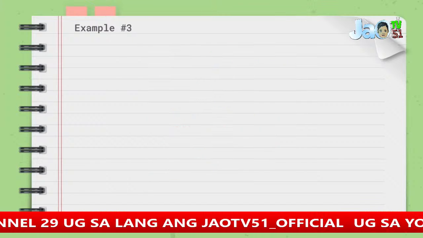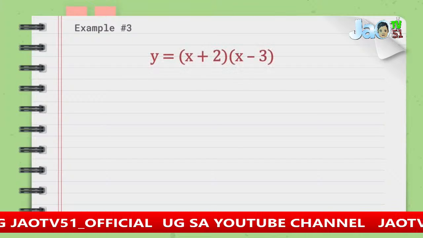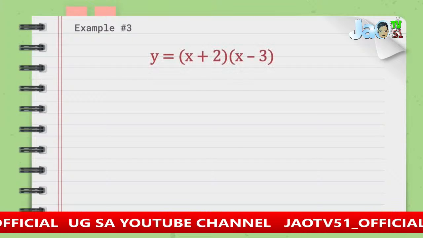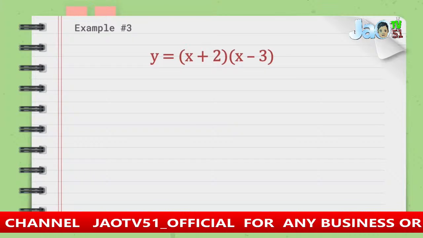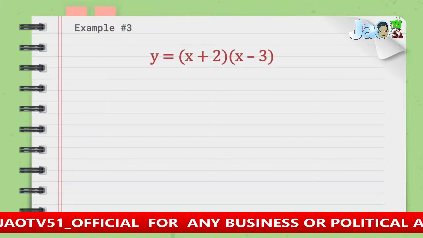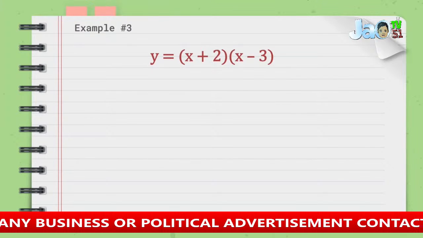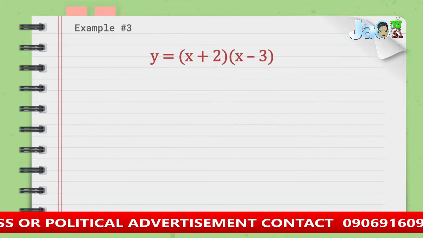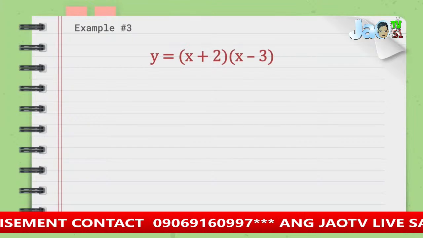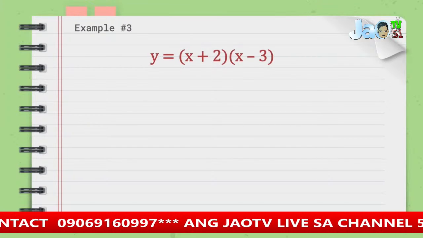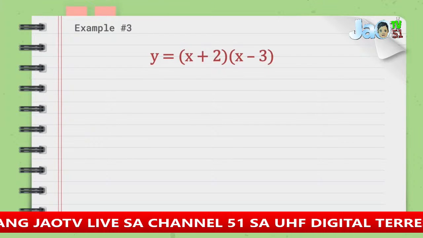Next example. The function y equals the quantity of x plus 2 times the quantity of x minus 3. It is written in factored form. We need to write the polynomial in standard form to be able to determine the leading coefficient, leading term, degree, and constant term.